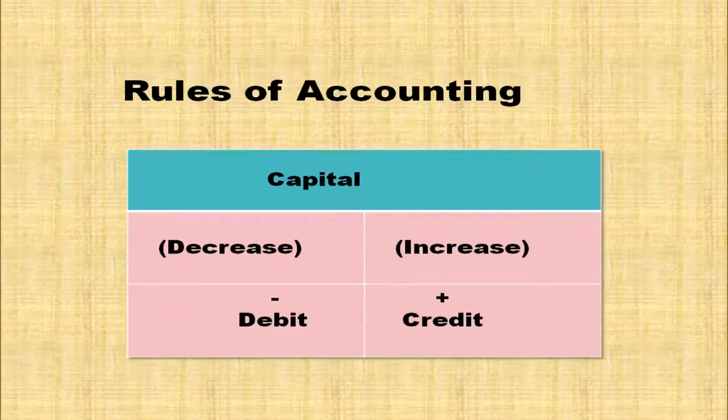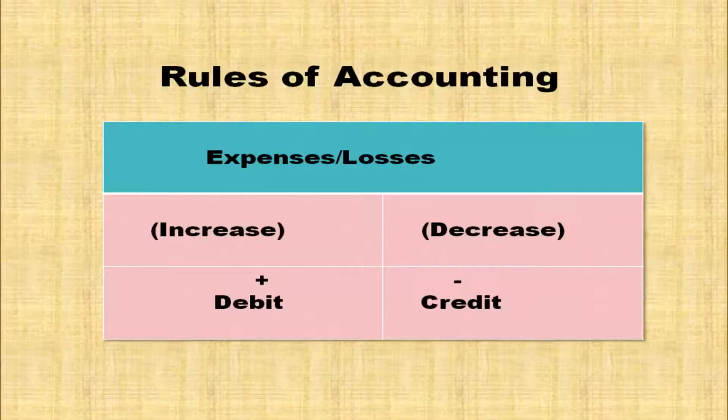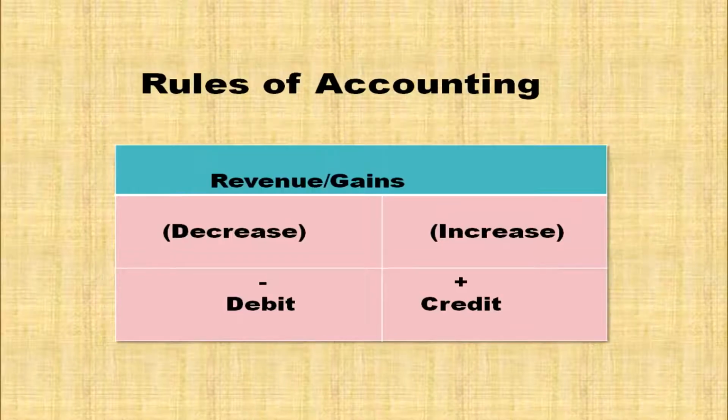Capital: when increased, credited; when there is a decrease, it is debited. Expenses: when there is an increase, it is debited; when there is a decrease, it is credited. Income or revenue: when there is an increase, it is credited; when it is a decrease, it is debited.